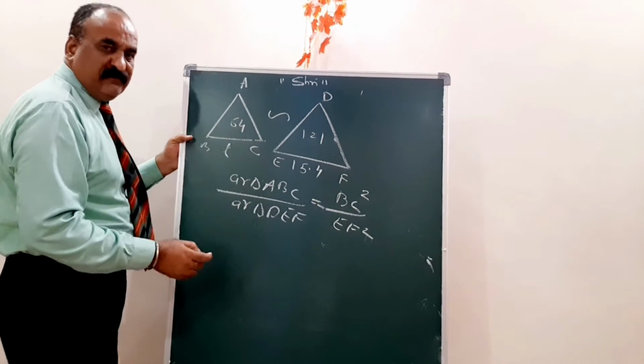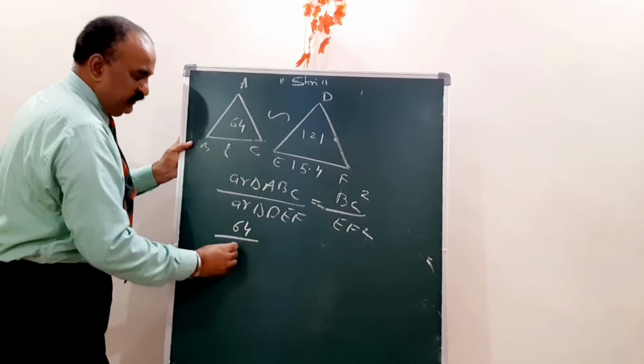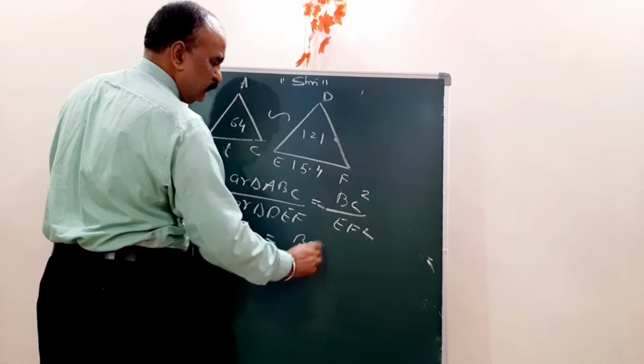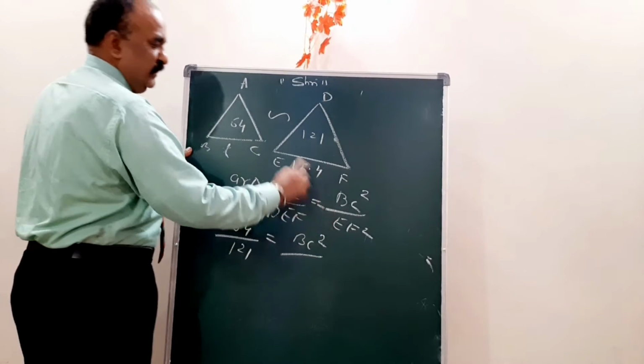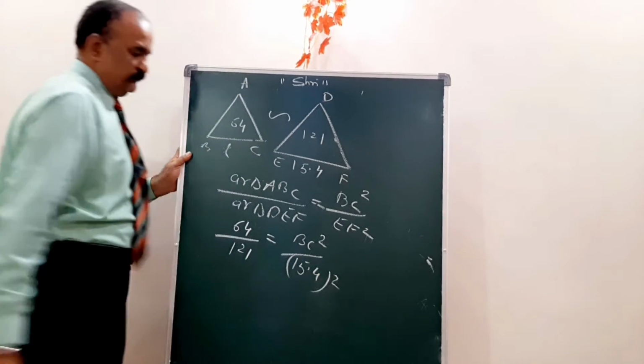It means area of triangle ABC upon area of triangle DEF is equal to BC square upon EF square. It means the area is given to you, 64 upon this area 121, is equal to BC square as it is, and EF square means 15.4 whole square.